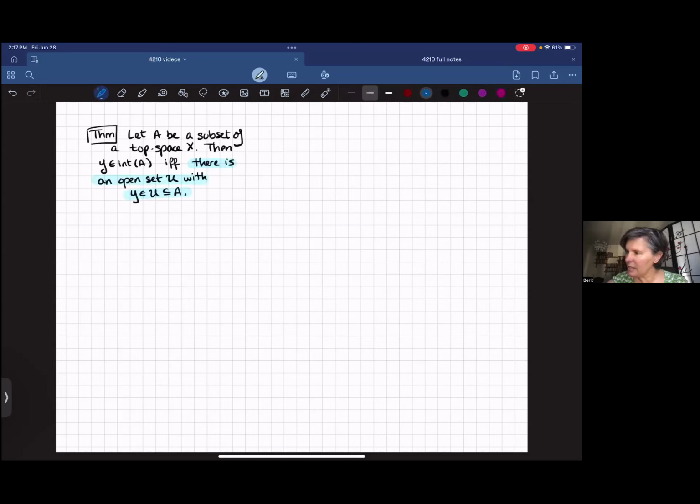Another way of saying this is that A is a neighborhood of y.